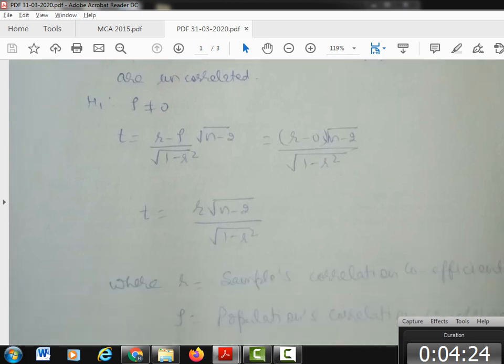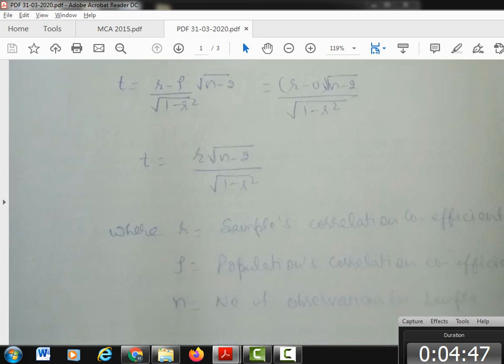Now I have written the meaning of each symbol. n is the sample size, the number of observations in the sample. r is the correlation coefficient of the sample, and rho, which I used above, is the population's correlation coefficient.